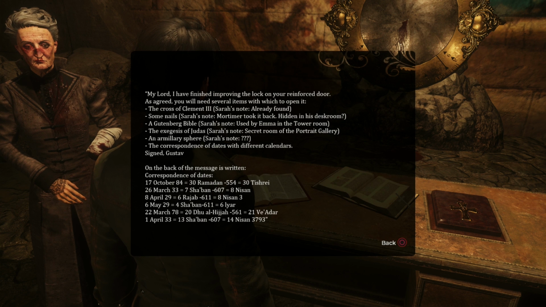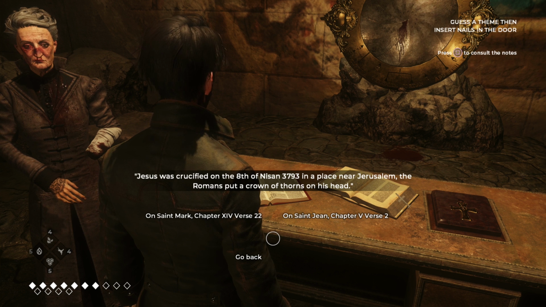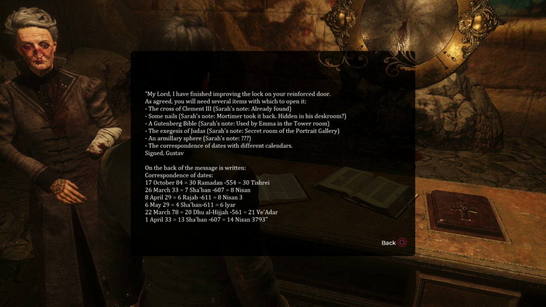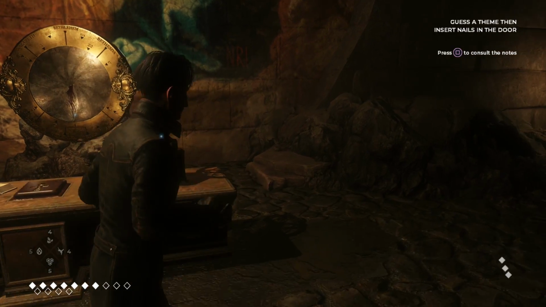Trying to see if anything matches up in here. Crucified on the 8th of Nisan, 3793. There's the Nisan 8 there. So, we know where some of the nails need to go. It's gotta be Jerusalem.